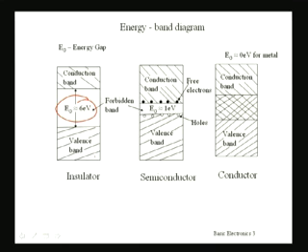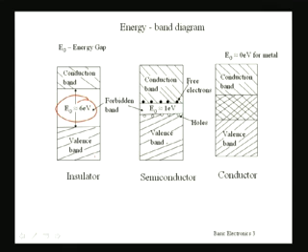This energy gap is a forbidden band, and the electrons will have to acquire this much energy to become conducting and enter the conduction band. But a semiconductor does not have such a high forbidden energy gap, which is around 1 electron volt, as is seen here. So electrons can acquire that much energy, only 1 electron volt, to jump from the valence band to the conduction band in order to become conducting.